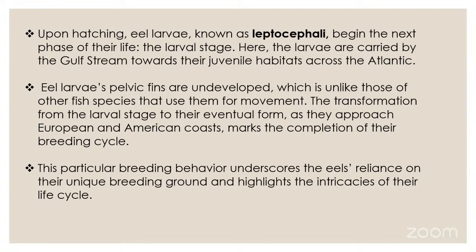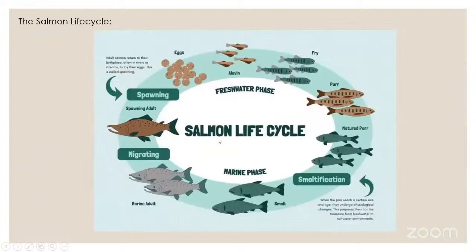So from freshwater, only for spawning purposes, they go to the marine Sargasso Sea. The larva, leptocephalus, begins its next cycle, then goes back to the European and American coast to complete their breeding cycle.